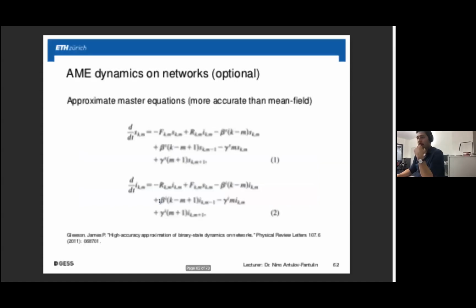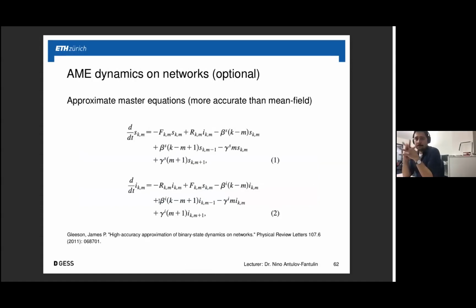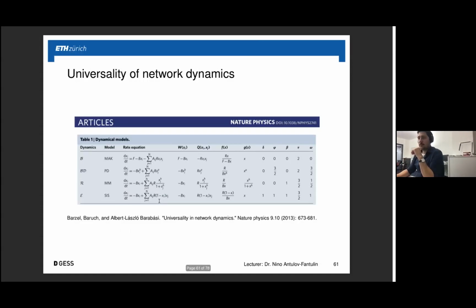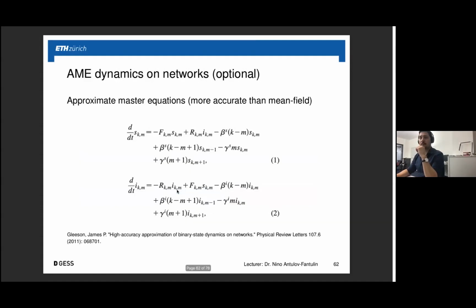Okay, and I would now just also tell you that this is optional material, but for those that are interested. In the previous one, we were assuming some kind of a mean field assumption, meaning that node states are not correlated.